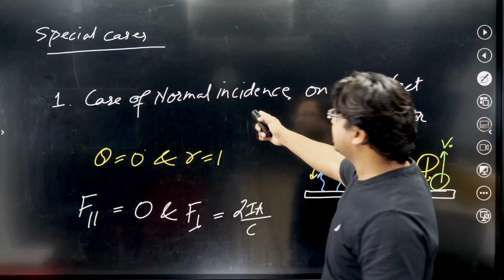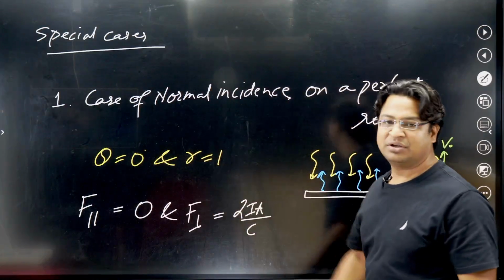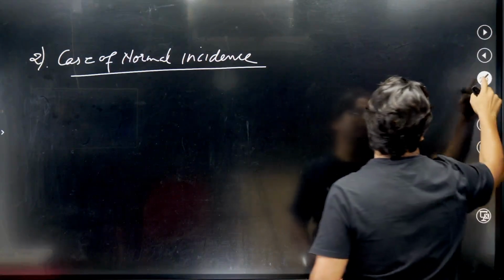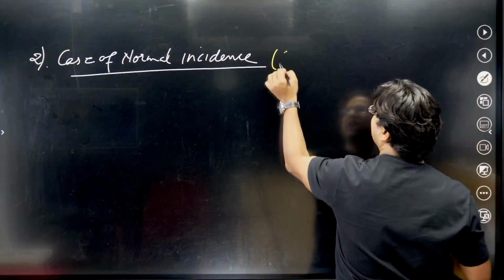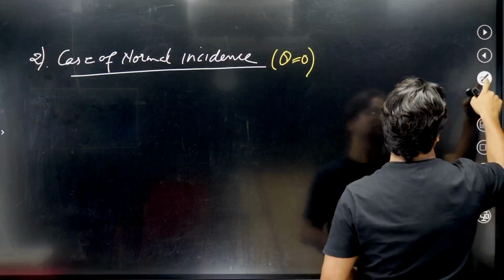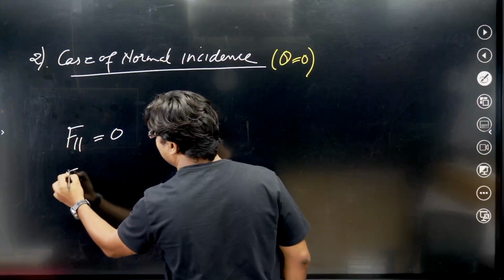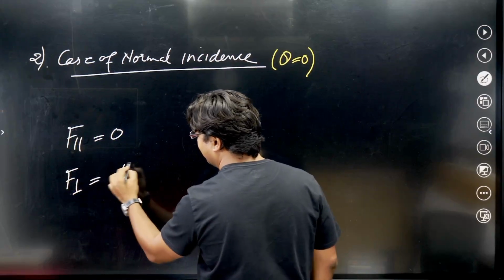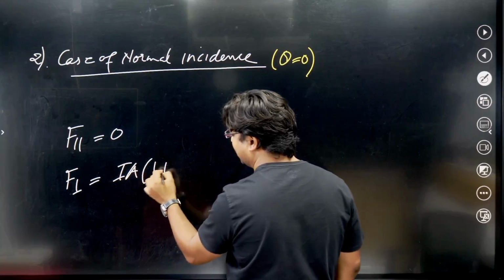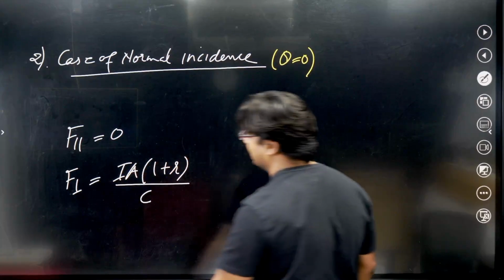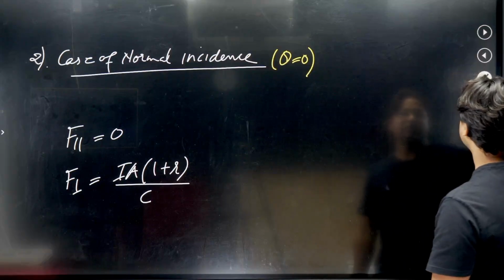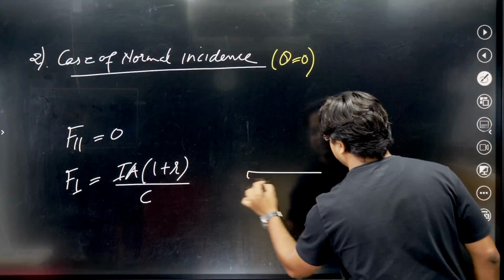From this case, I am removing this condition. So now we are only talking about the case when theta is 0. Even in this case, by putting in the formula, F parallel will still be 0, but F perpendicular will now be written as IA(1+R) by C. So what is the equivalent situation in mechanics?